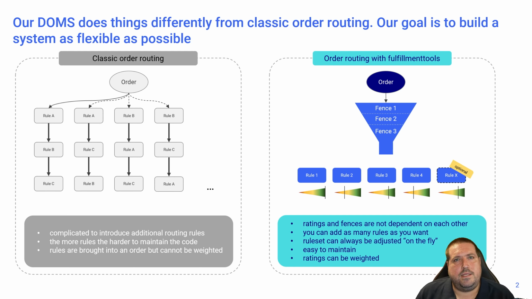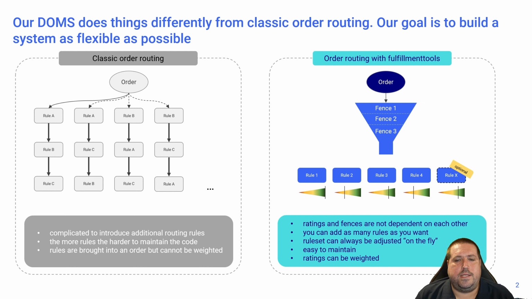So use the fences to cut down your network very quickly with obvious knockout criteria, and then use the ratings to find out which exact location should do the fulfillment, based on a lot of different rules and different points. This system has a lot of advantages.